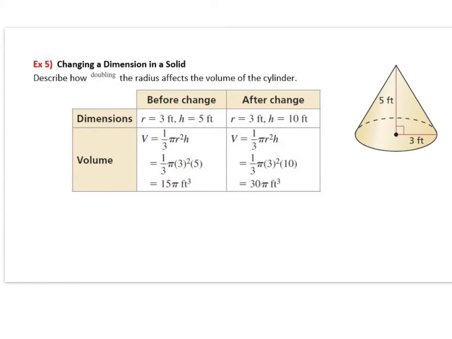And then 1/3 of that is 30 pi. So how does this compare? Let's see. So doubling the height results in a volume that is 30 pi divided by 15 pi. Remember, divide the new by the original to see what the effect is. It looks like it's 2 times the original volume.